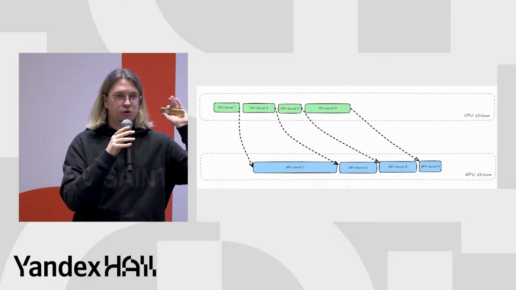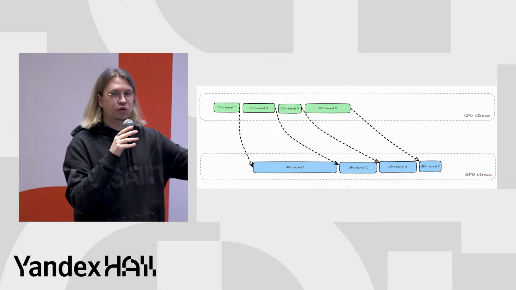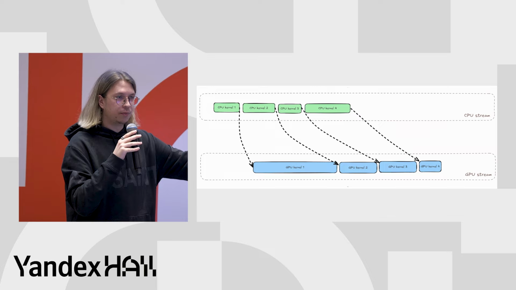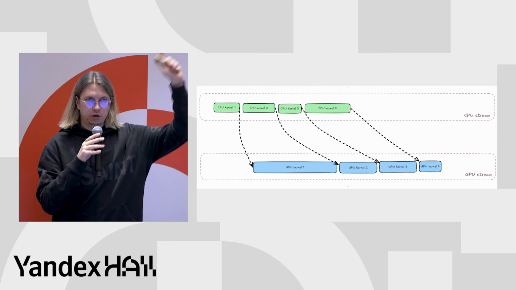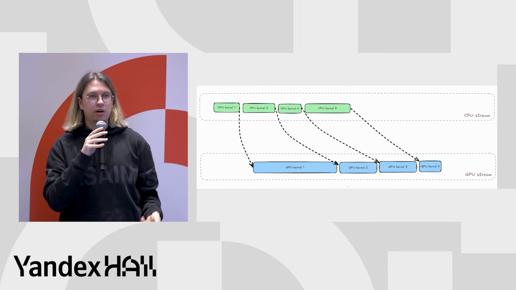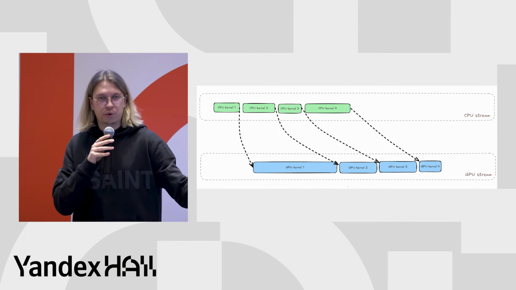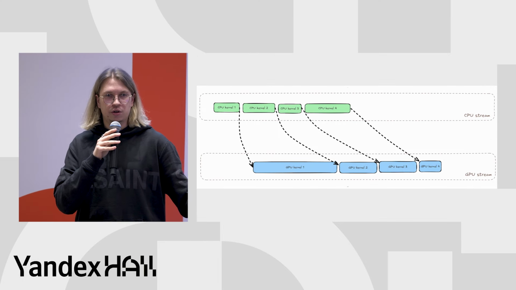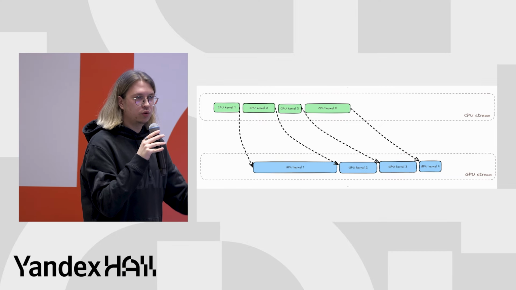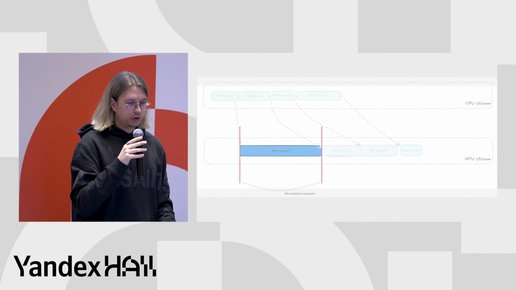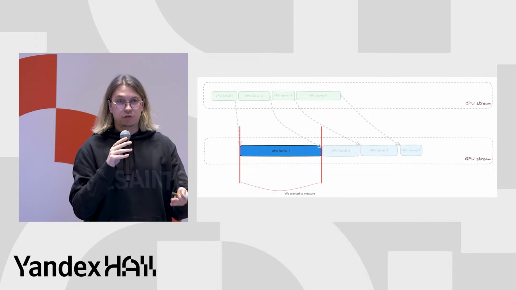So the CPU can actually go ahead and schedule operations ahead of time. As you can see here, the CPU, this green block on top, does not actually wait for the blue operation at the bottom to finish, right? You just put it in a queue and you move on, and you do this multiple times. So what happened is we wanted to measure this block.